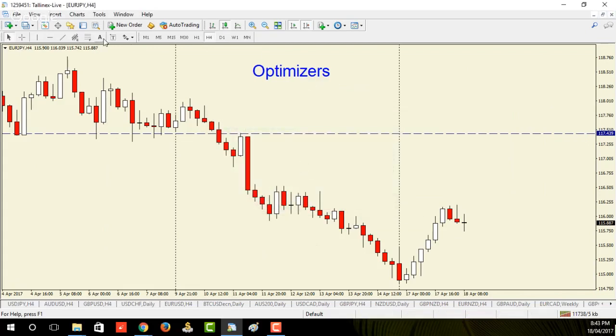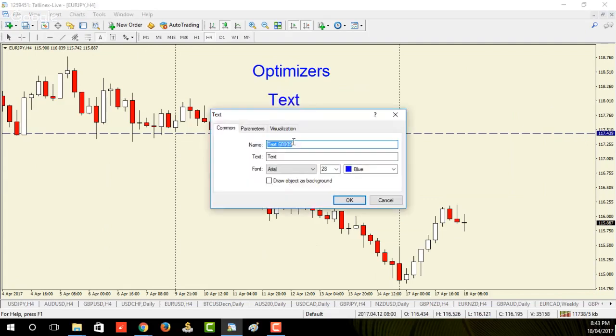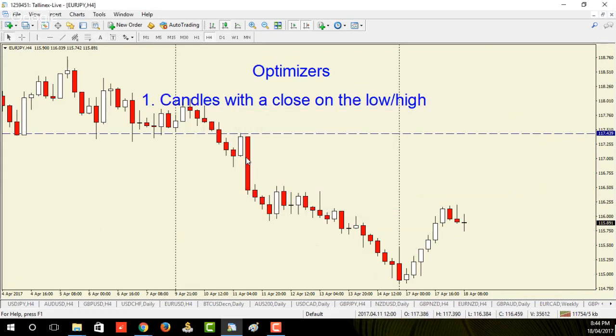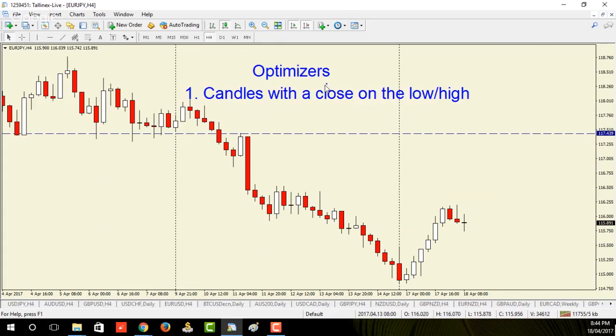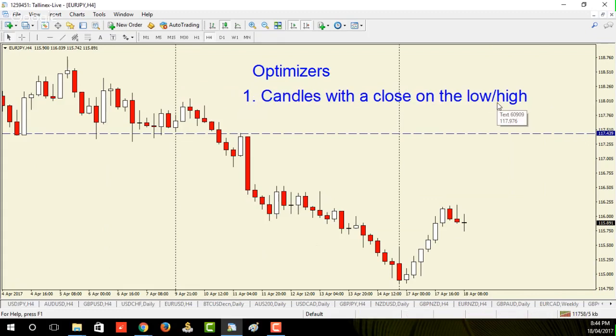The optimizers are that you will trade the candles with a close on the low or the high. You do not want to have a wick on these, especially if it's a bullish one, you want to see that close right up near the high. And if it's a bearish one, you want it right near the low.